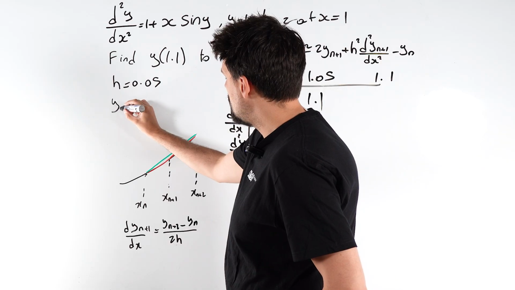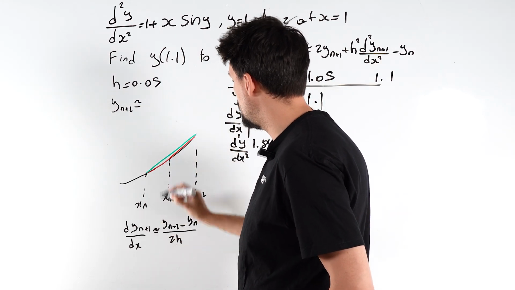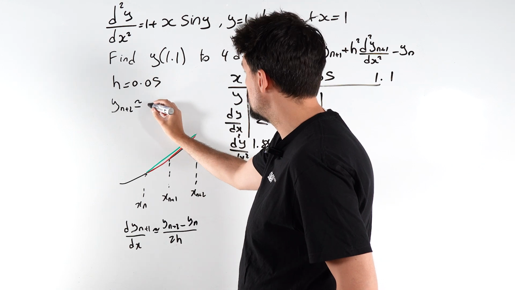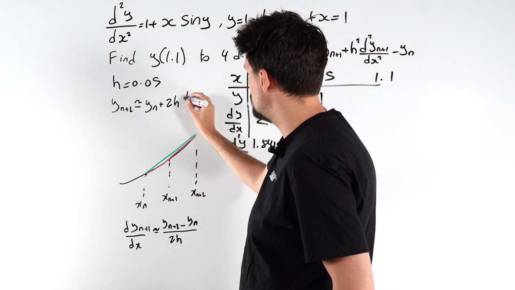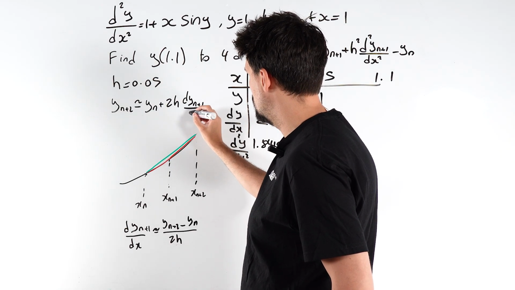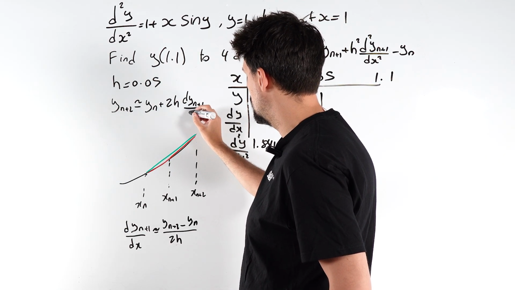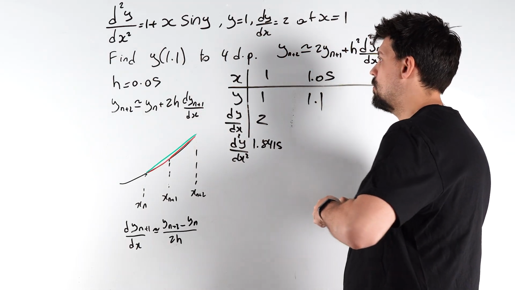because that gives me yn plus 2 is approximately yn plus 2h times dyn plus 1 dx. These should all be approximates.